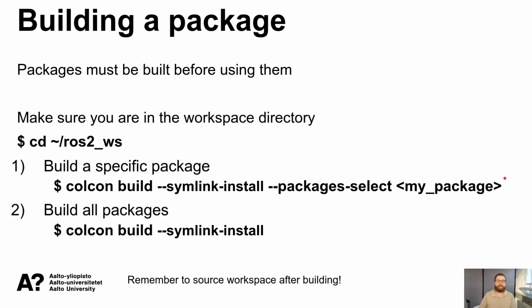This builds only the specific package that you want to build. And if you want to build all packages, this is the same as building your workspace, so doing colcon build with symlink install for convenience on Python. And again, you should re-source your workspace after building packages.